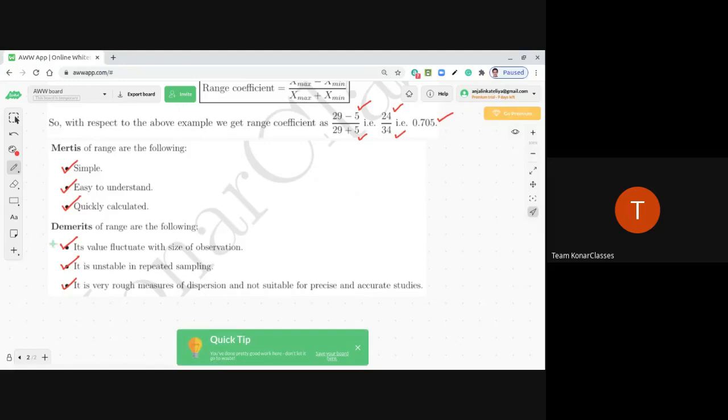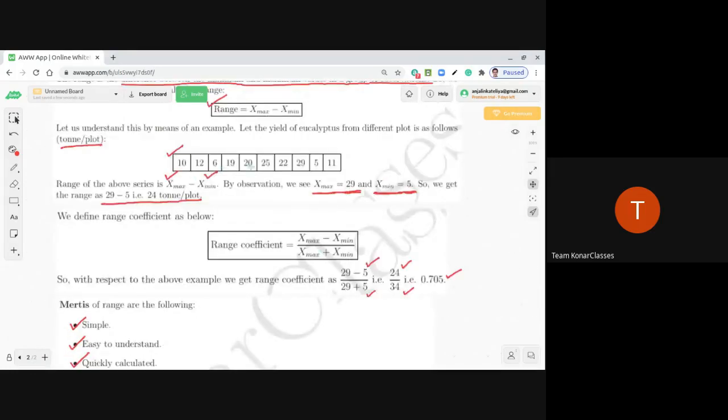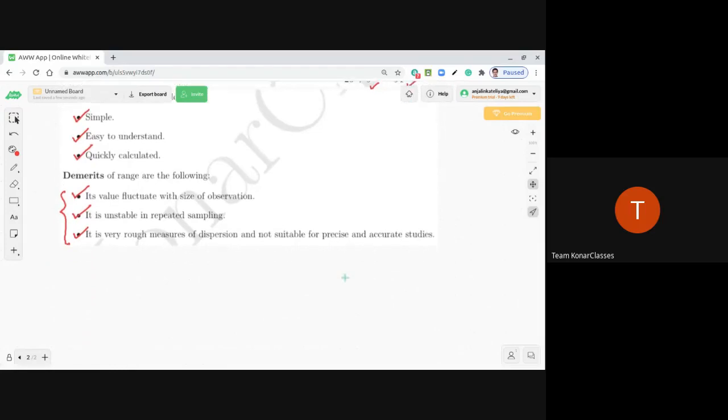Now, on all these demerits, dear students, you can get a realization if you experiment with a relatively large data set. The example I gave has 10 data points, right? If you take a larger one and start finding the range, then you will find these demerits.